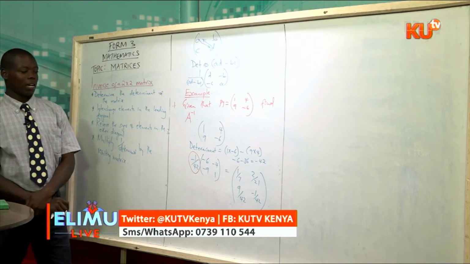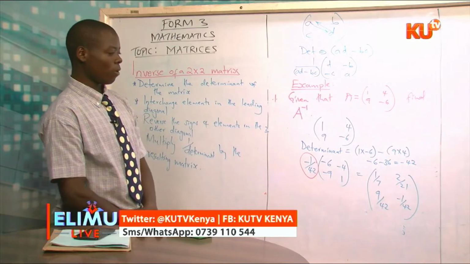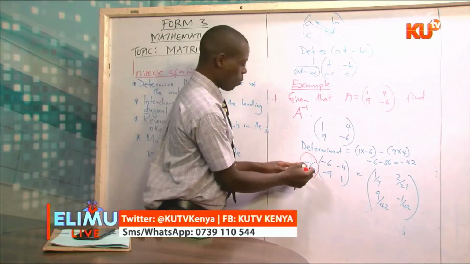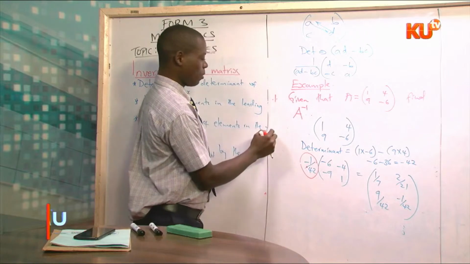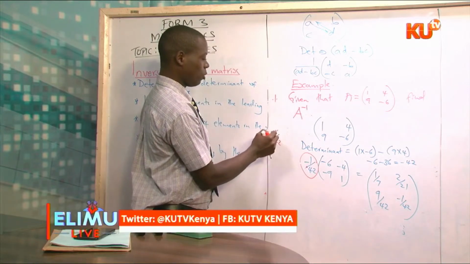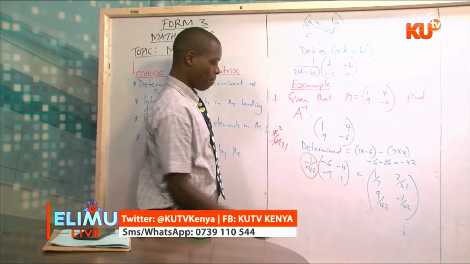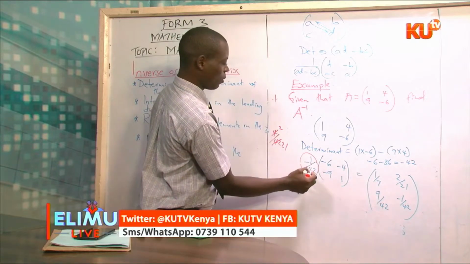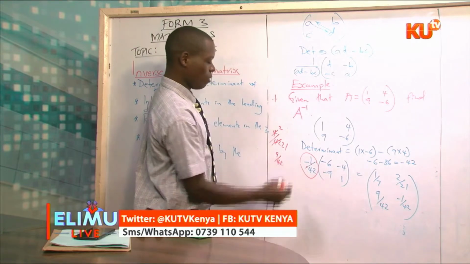And 42 can be divided by 6 to have 7. So that's why we have 1 over 7. Negative 1 over 42 times negative 4 gives positive 4 over 42. 2 into 4 is 2, 2 into 42 is 21. That's why we have 2 over 21.